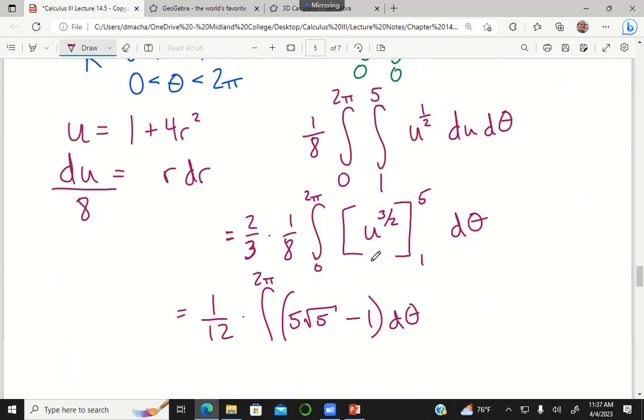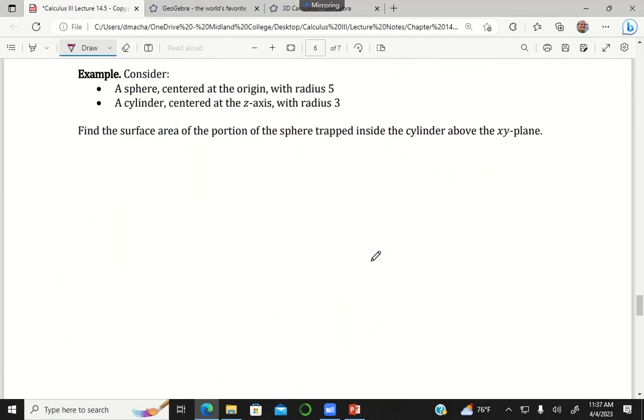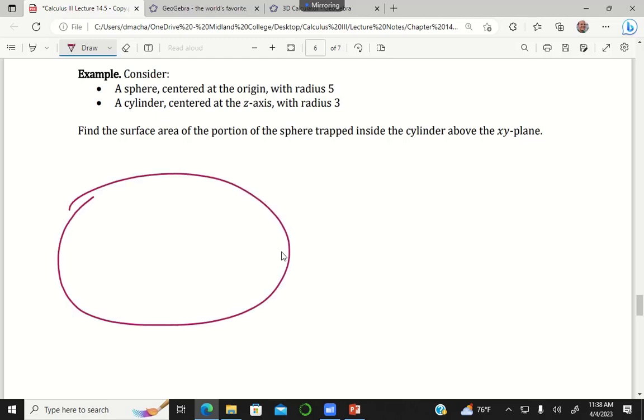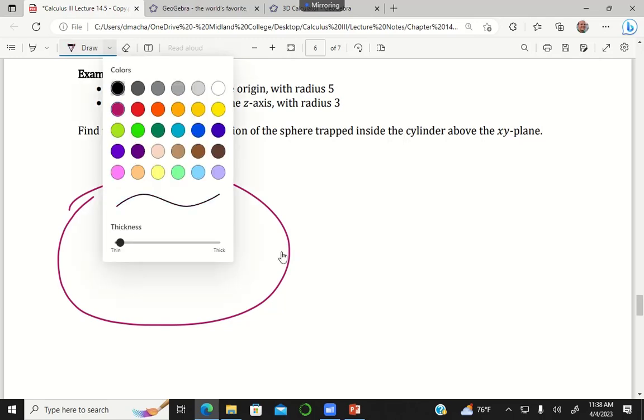Okay. So, another example. So we're going to consider a sphere centered at the origin with radius 5. So there's my sphere.